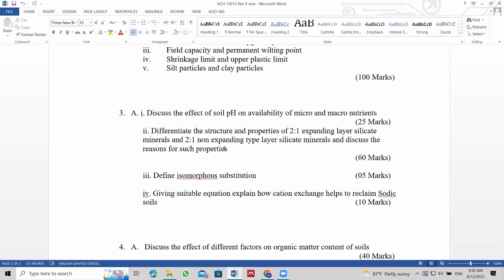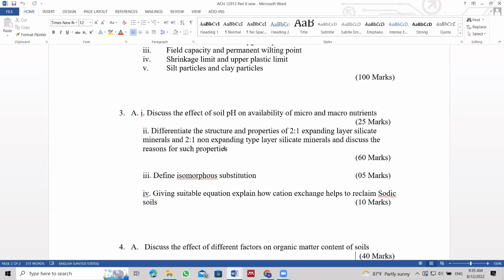What do you mean by 2:1, or what do you mean by 1:1? What is the meaning of 1:1 and 2:1? 1:1, the silica tetrahedral sheet combined with one aluminium octahedral sheet.